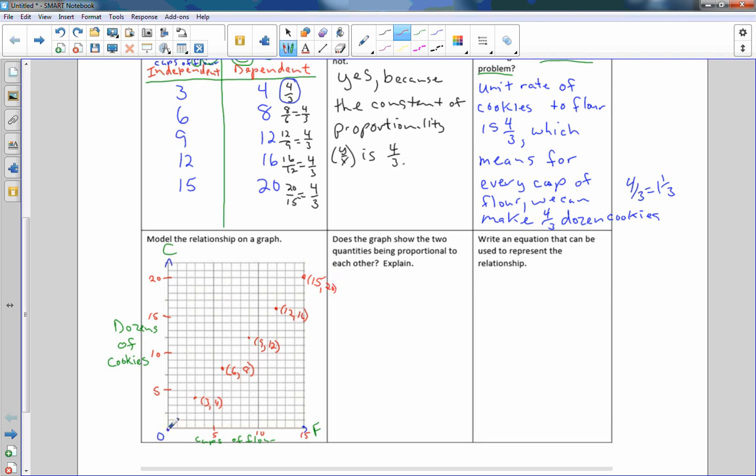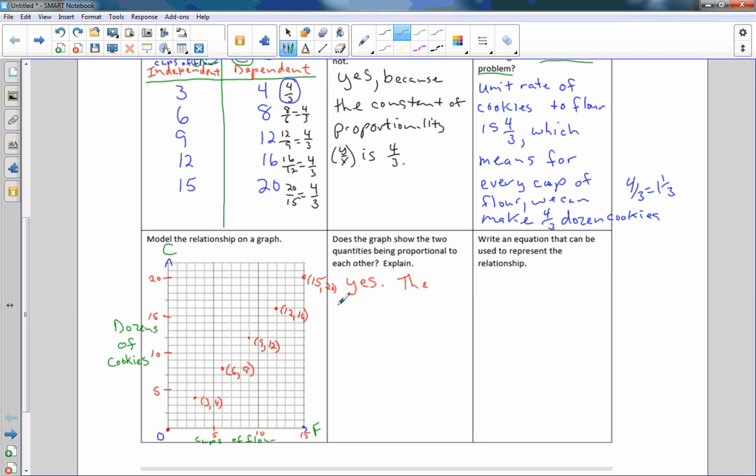So we have all these points here, and I'm going to put a dot there, and I'll explain that in a moment. So here they are. They look like they're on a nice straight line. They appear to be on a straight line. So it says, does the graph show the two lines being proportional to each other? So I would say yes.